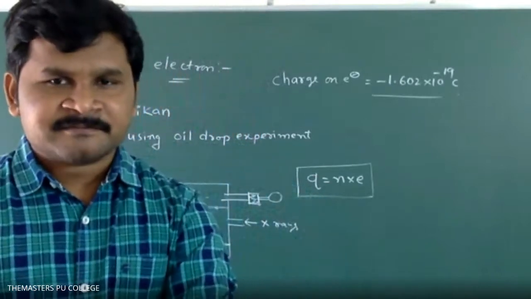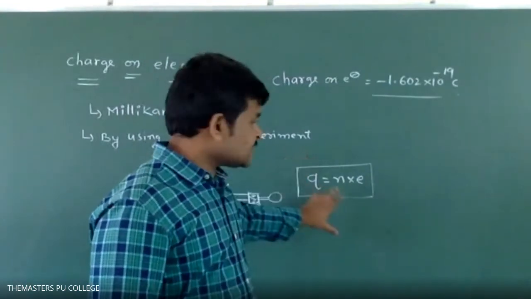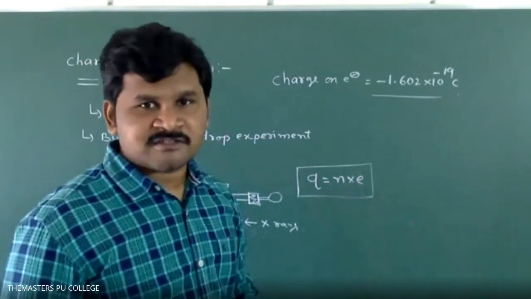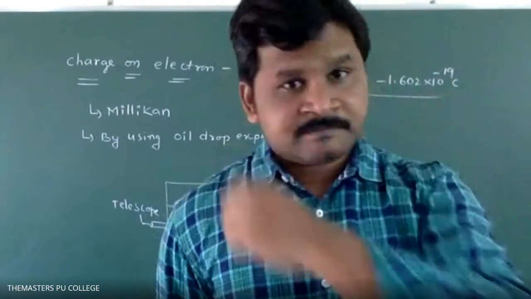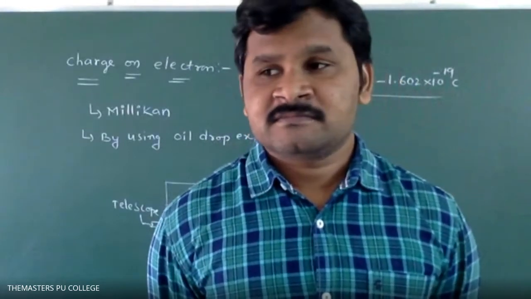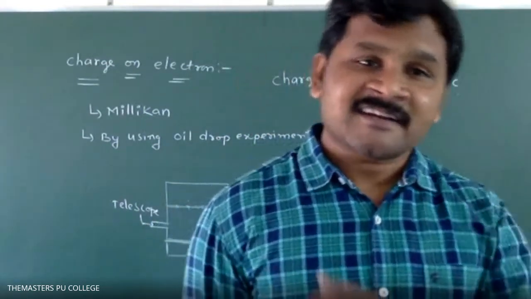Will you try? This is the formula, this is how to calculate. The remaining you please substitute. The charge of the oil droplet is given; the number of electrons we have to calculate. How many electrons are there in that droplet?